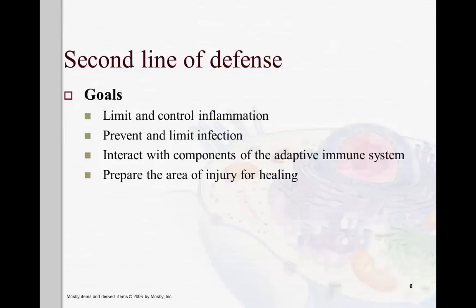Basically, to prevent infection and further damage, destroy bacteria, and activate a cascade of events of proteins that would limit and control the inflammation. It would interact with other components of the adaptive immune system. You would see how they interact with each other.